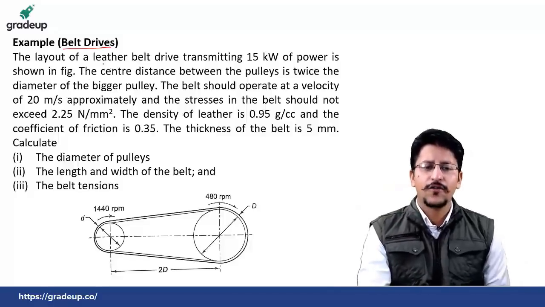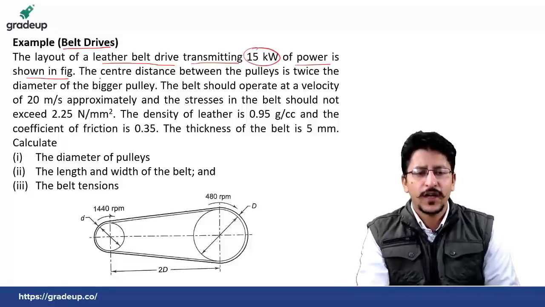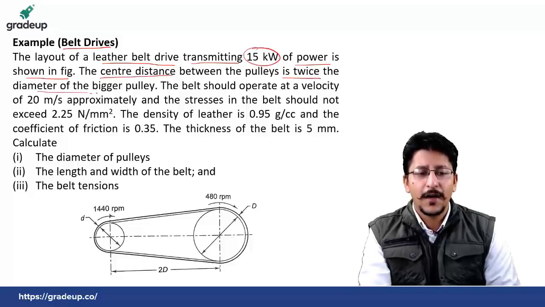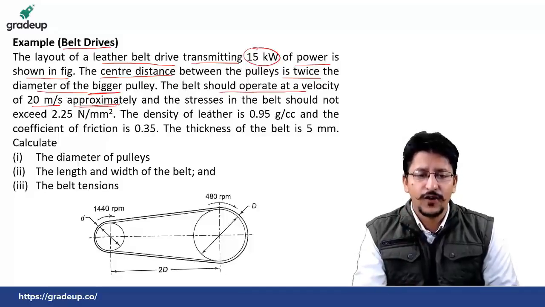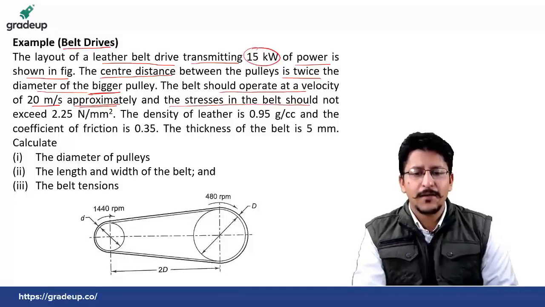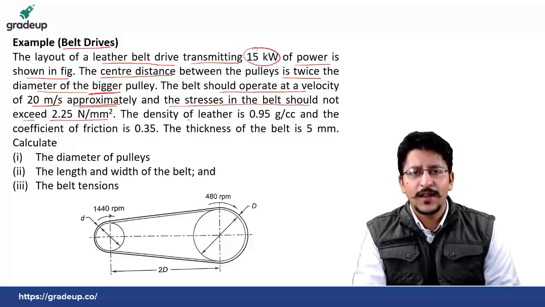The layout of a leather belt drive transmitting 15 kilowatt of power is shown in the figure. The center distance between the pulleys is twice the diameter of the bigger pulley. The belt should operate at a velocity of approximately 20 meter per second. Please read each and every word carefully. The stresses in the belt should not exceed 2.25 Newton per mm square, that is megapascal.